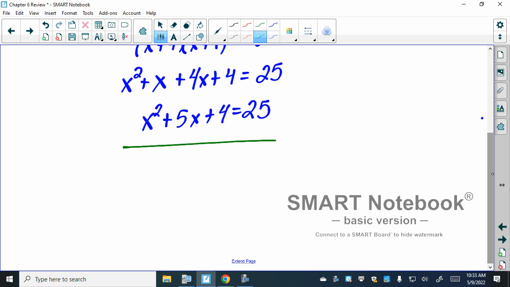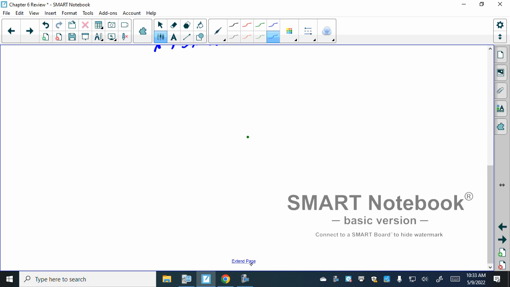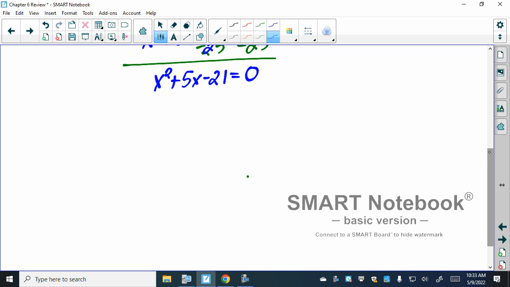And whenever we have a quadratic or a polynomial with a degree greater than 1, we want to get everything on the same side. So if we do that, we get x squared plus 5x minus 21 is equal to 0. Now at this point here, we can graph it, or we can factor it, or use the quadratic formula.